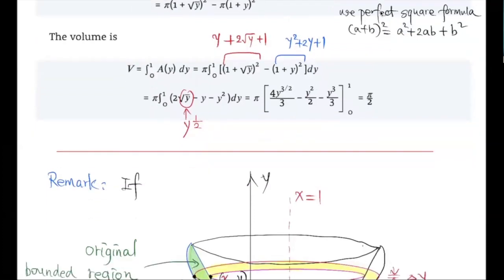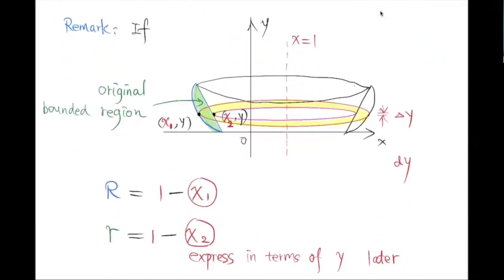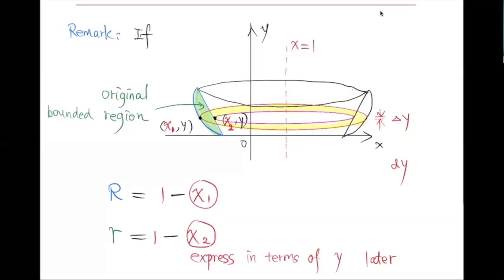Now I want to make one remark, because students might find this part a little bit challenging. Suppose this is the original region bounded by the two curves, and we're going to rotate this region about the vertical line x equals 1. Then how do you find the outer radius big R? The outer radius big R will be the distance from here to the center.